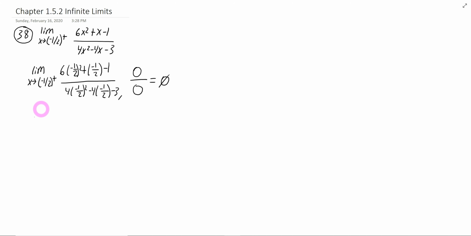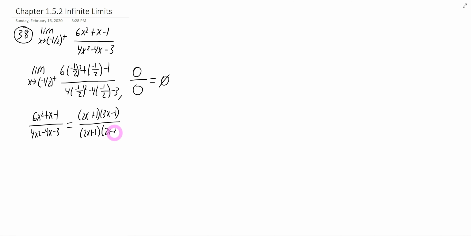But as we did before, we can simplify this by just some simple factoring. So what we can say now is that 6x squared plus x minus 1 all over 4x squared minus 4x minus 3 is indeed equal to, just by some simple factoring, 2x plus 1 times 3x minus 1 over 2x plus 1 in parentheses times 2x minus 3.